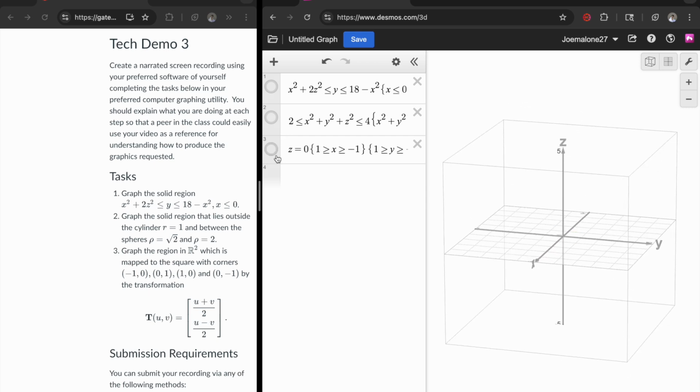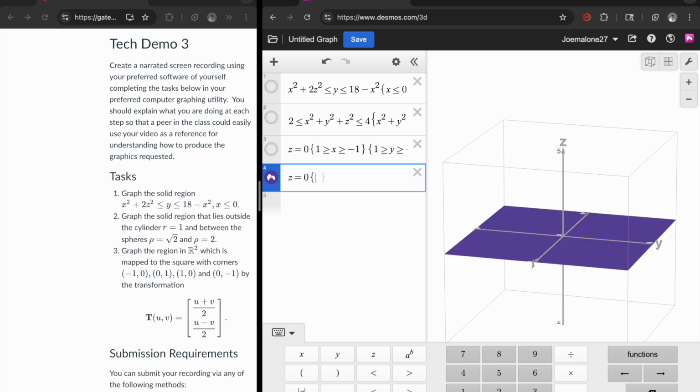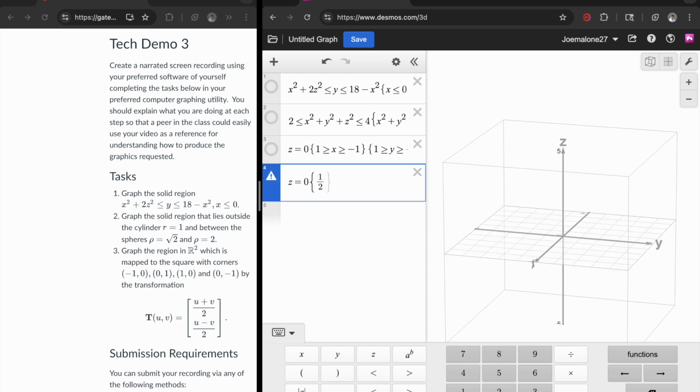Now when we do our transformation, we'll again use z equal to 0. But then our bounds will change, which is 1/2 greater than or equal to x, which is greater than or equal to negative 1/2.